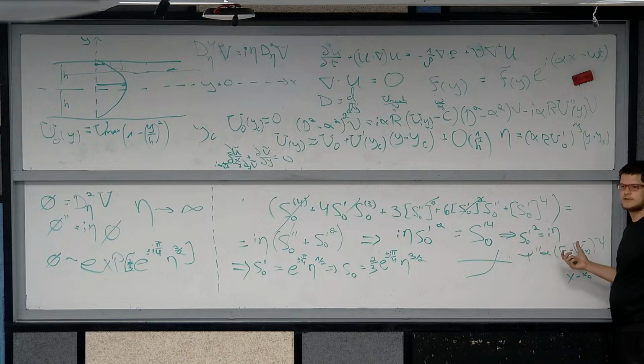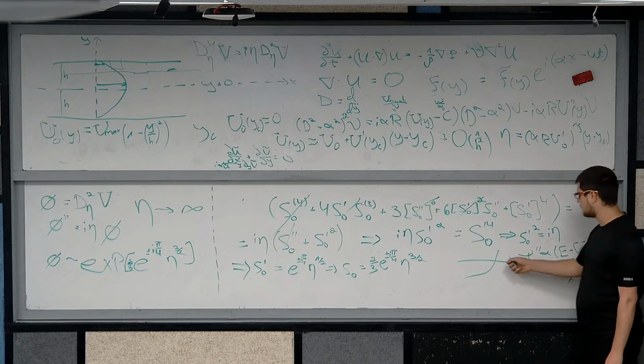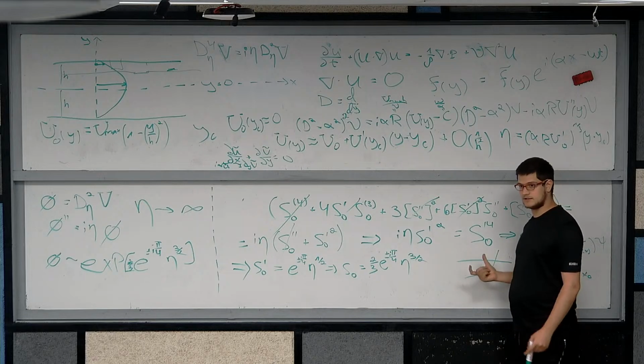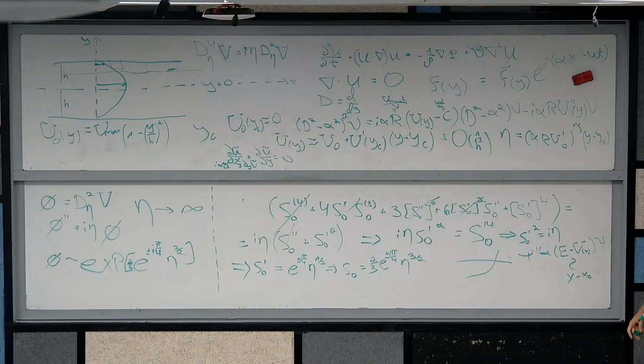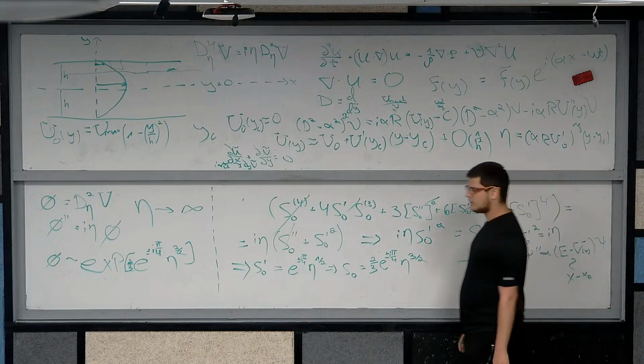So with shifting the equation, you actually get the Schrödinger equation around the turning point. The interaction is actually modeled with the Airy function. Okay, so it's very nice.